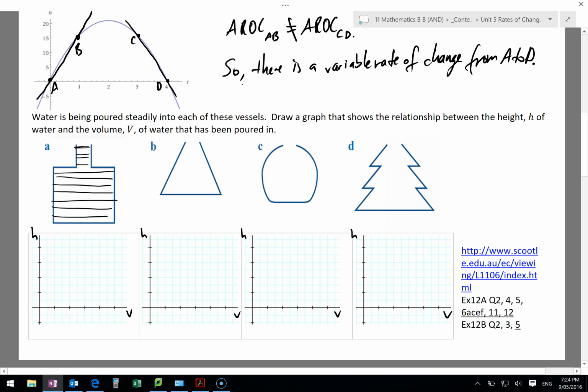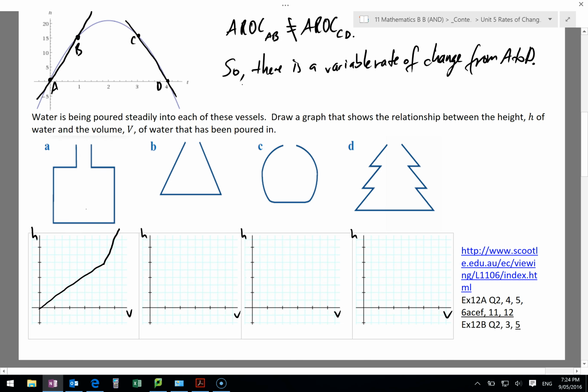So the way that we would see this is, as I'm pouring in volume, it would go up at a constant rate until it gets to this narrow part at the top, after which the rate would rapidly increase. So constant, nice slow rate, and then rapidly increase. And about here is where you normally get wet and cranky.